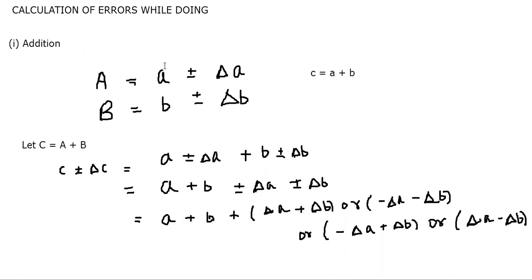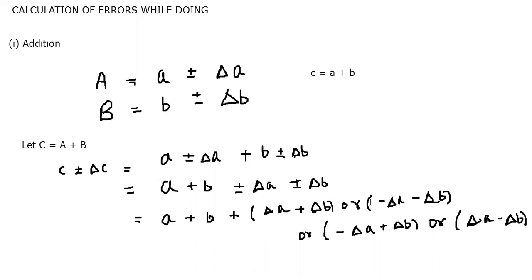For example, if it is 3 plus minus something and 2 plus minus something, the true part of your answer will be 3 plus 2, that is 5. Now, let us go to the error part. Plus minus delta C is equal to one of these four quantities. Out of these four, we have to take one. And remember one thing, for the quantity that you select here, the error should be taken as maximum as possible. I'm telling you again, you have to take that value which is maximum.